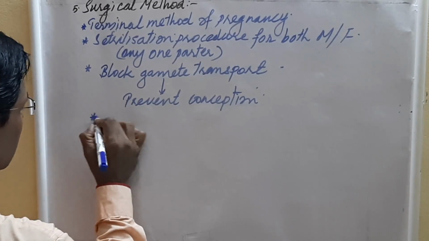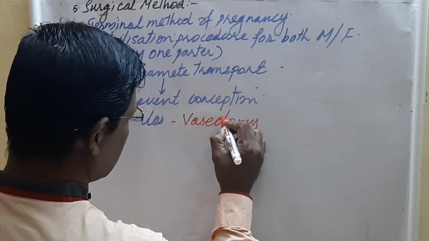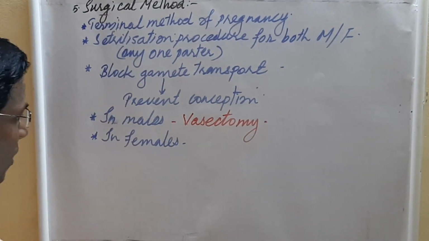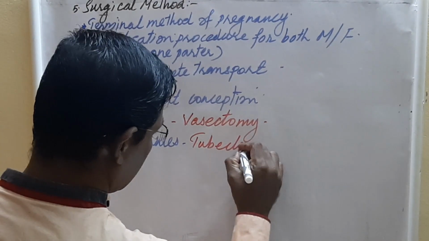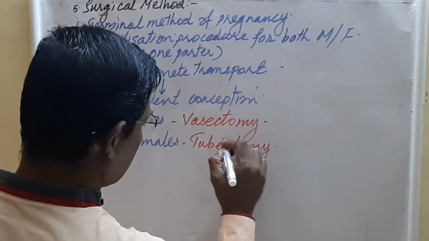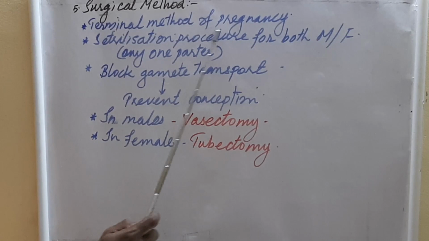In males, it is known as vasectomy. In females, it is known as tubectomy. Surgical method is a terminal method of pregnancy.